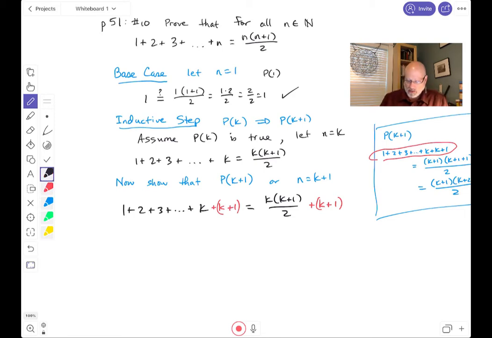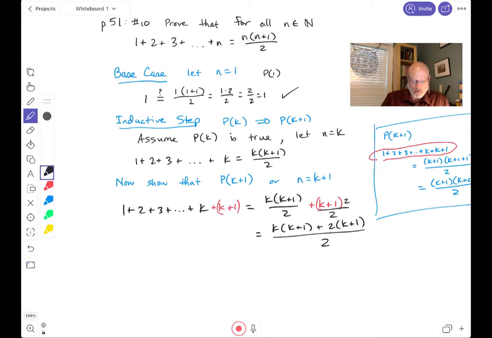So the right-hand side, well, I'm going to add fractions, so I'm going to find a common denominator. The second number, if I multiply by 2 over 2, I'll get k times k plus 1 plus 2 times k plus 1 all over 2. And now you may notice that I have k plus 1 in both of those places.